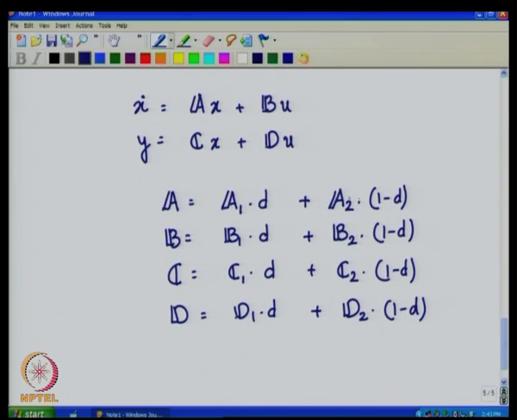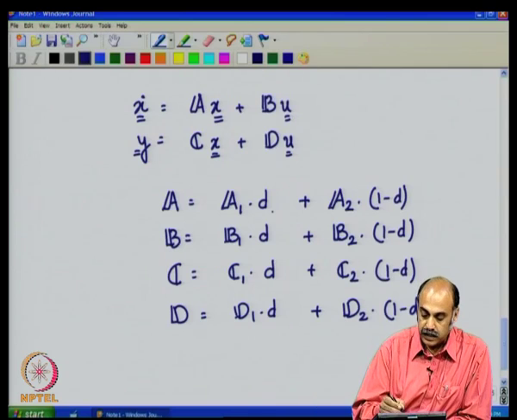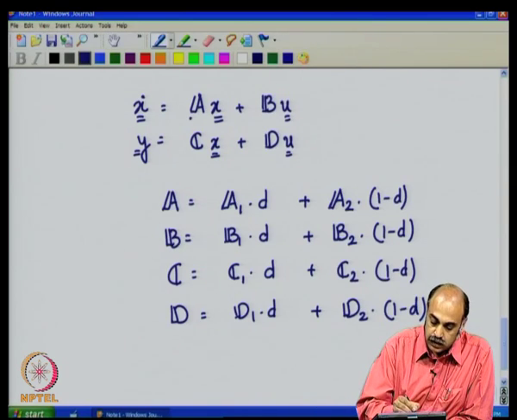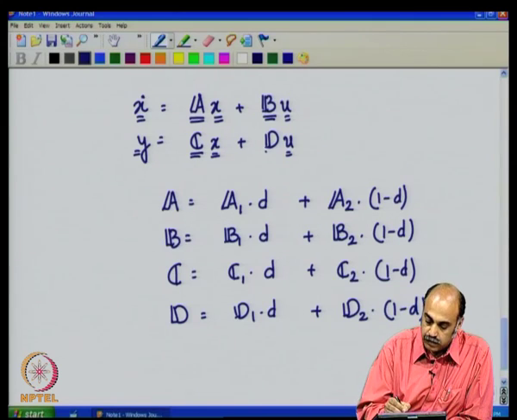And we are taking the weightings into the coefficient matrices so that the same states as indicated in periods dT and 1 minus dT will be used here. We are not changing the symbols for the states and the input vectors. Only the weightings have been taken into the A, B, C, D matrices.